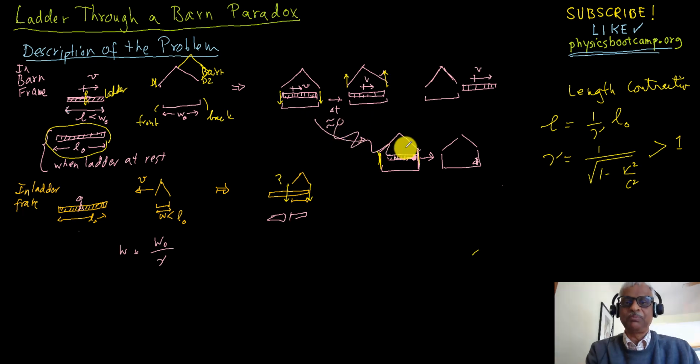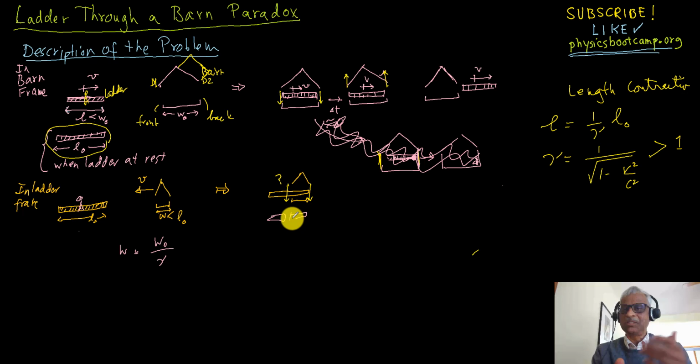Just slam the door, open the door almost instantly, and the ladder goes through. And here the ladder doesn't go through. So there must be a problem, because there can be only one outcome. There's no acceleration or anything here, right?